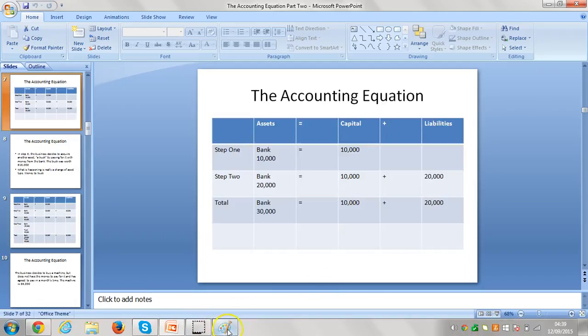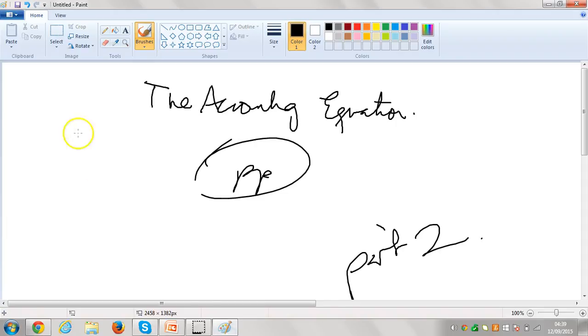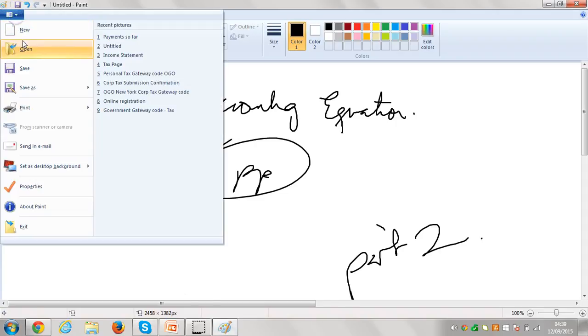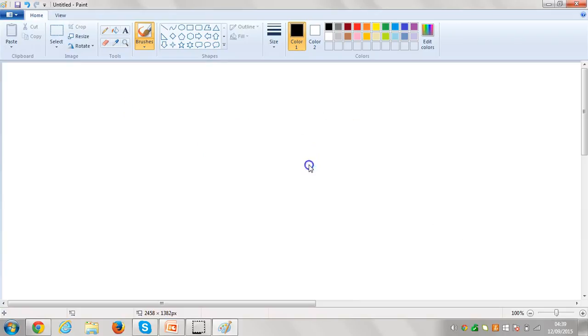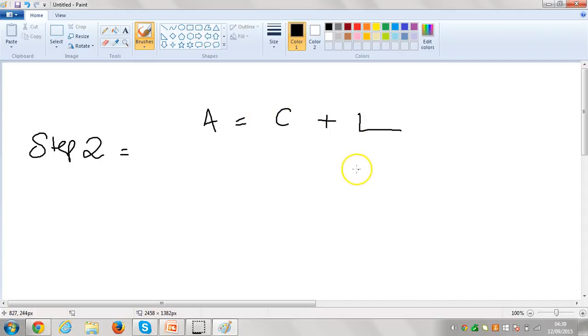Let me just go back to this page. Step 2 really was saying A is equal to C plus L. Step 2 was saying you have acquired a loan of 20,000, and you also have 20,000 in the bank.